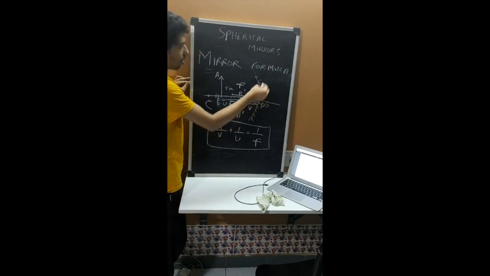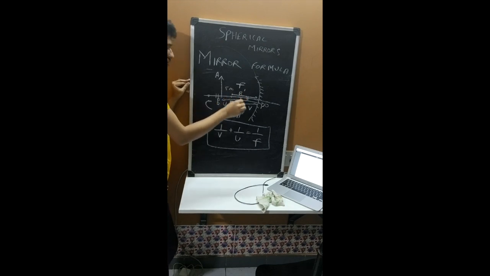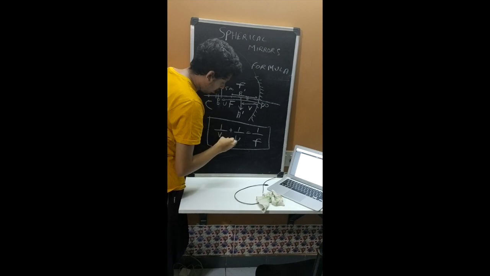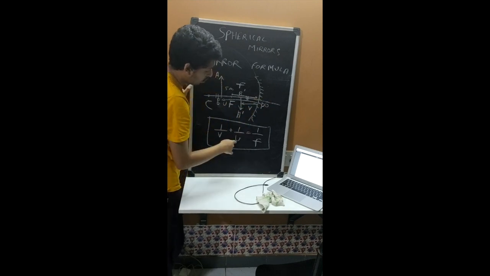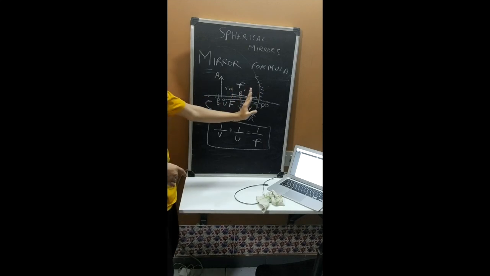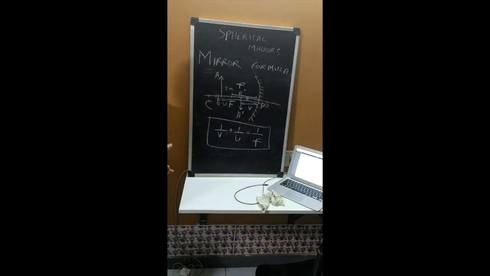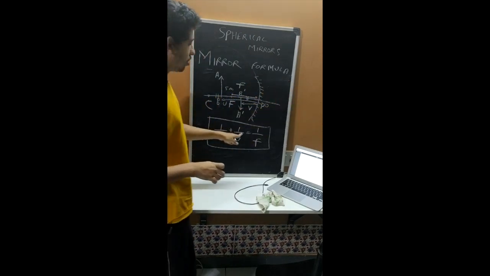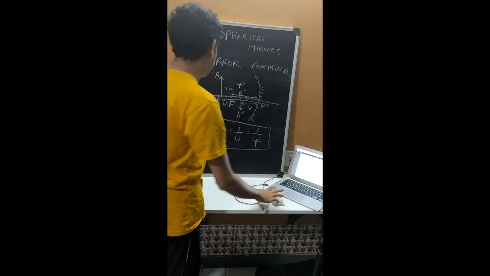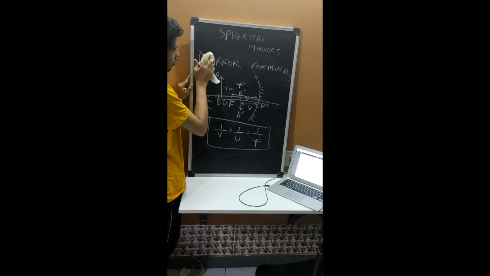So from 0 we are coming in the negative direction. How much negative are we coming? 5 meters. So it is minus 5. And if the image is on this side of the mirror, that is the left side of the mirror, then v also will be negative. But if it is this side, then v will be positive. Okay? We will look at a problem, then you will understand better. So the mirror formula will tell us about the location of the image.